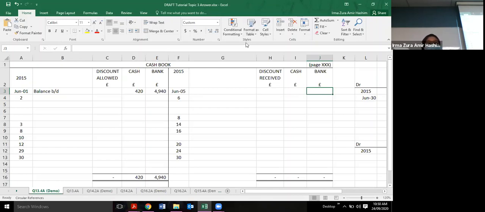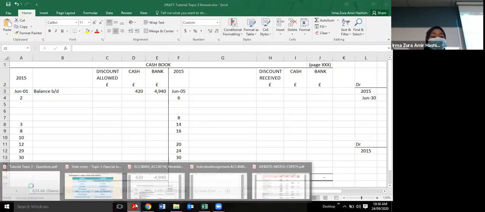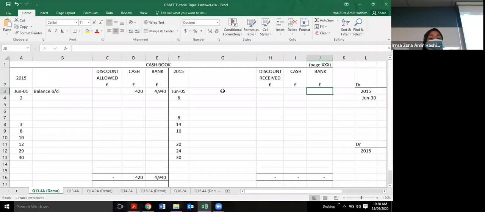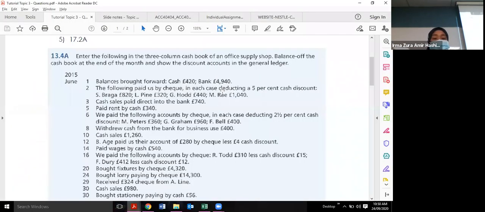Overdraft. Okay, good. But please be very careful. If let's say in this statement, they mention that balance brought forward, cash for 20, bank overdraft, or they write bank negative, then you know that it should be on the credit side, because it's an overdraft. Okay? So like this one, they don't mention anything, so you just write it.